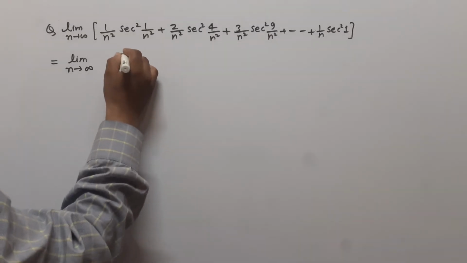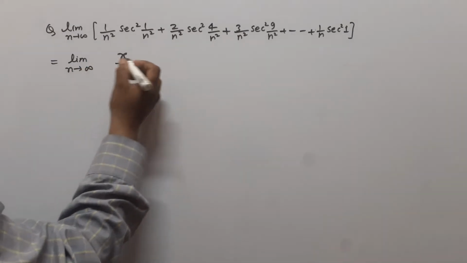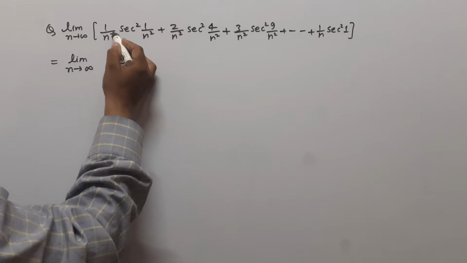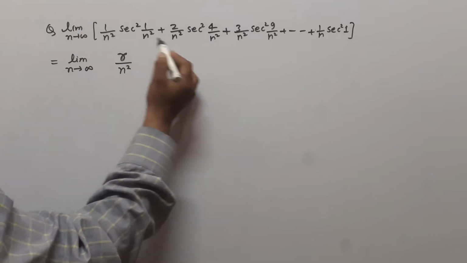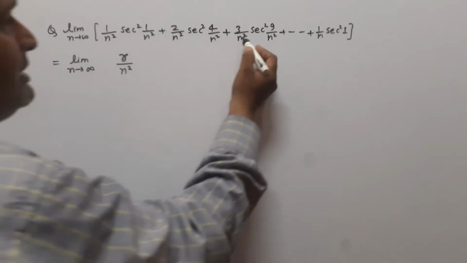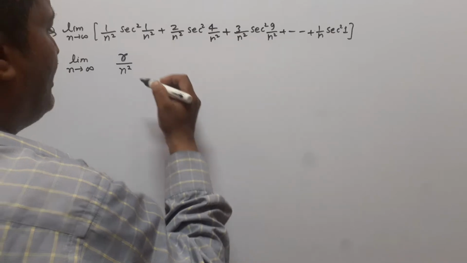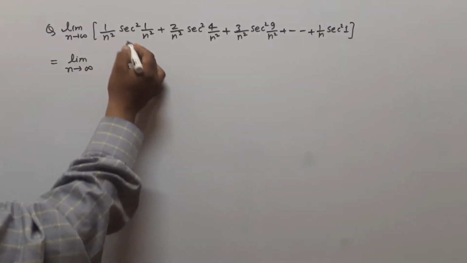So this can be written as r divided by n square, because in the first term the denominator is n square, in the second term the denominator is n square, and in the third term the denominator is n square. So we write here r by n square.